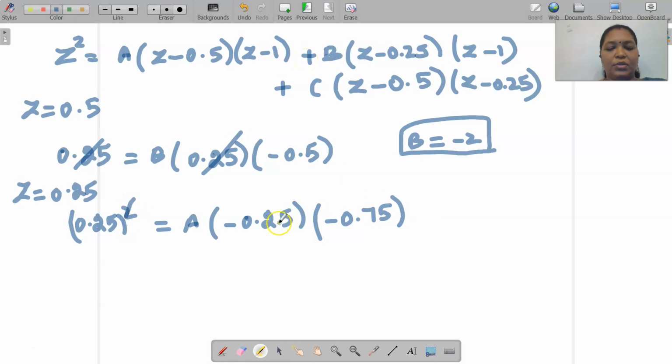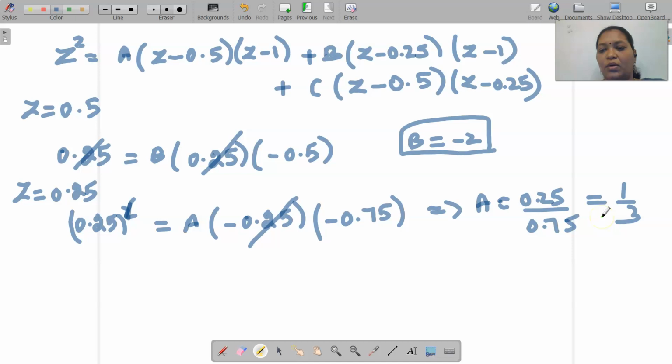Minus into minus will become plus. So A value will become 0.25 divided by 0.75, which is nothing but 1 by 3. So A value is 1 by 3.